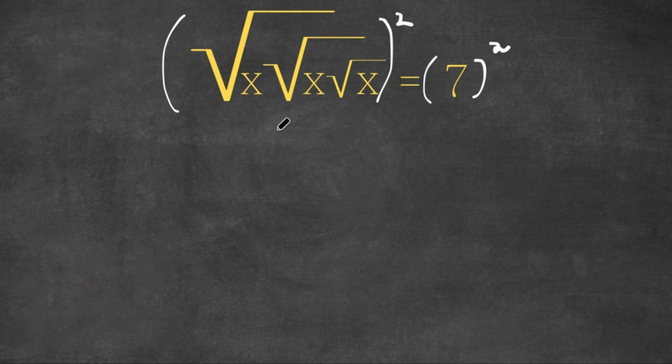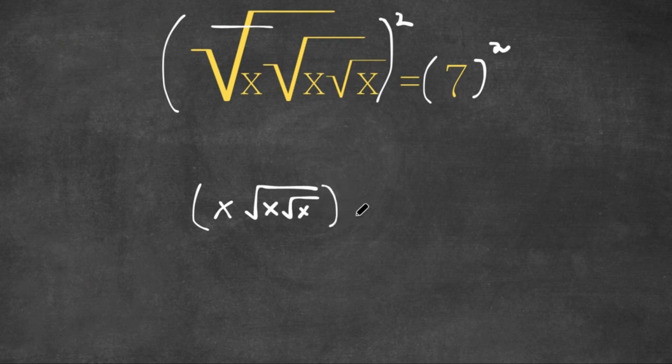By doing this, this actually cancels out this square root. So now we simply have x times the square root of x times the square root of x.